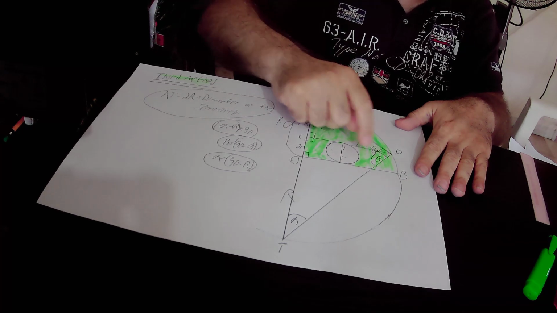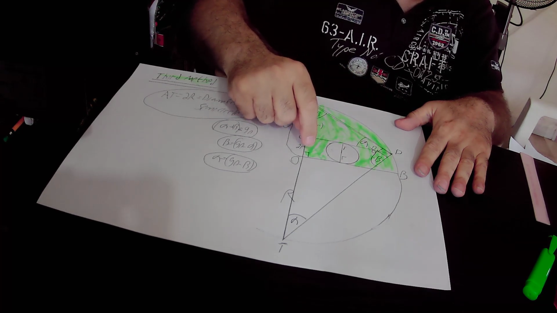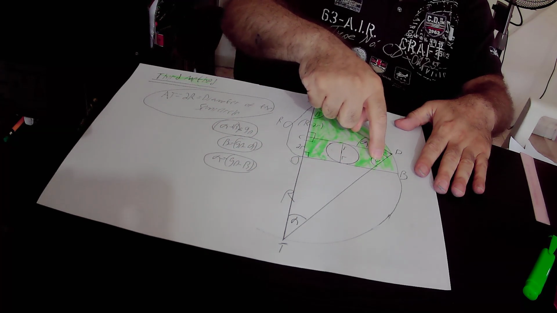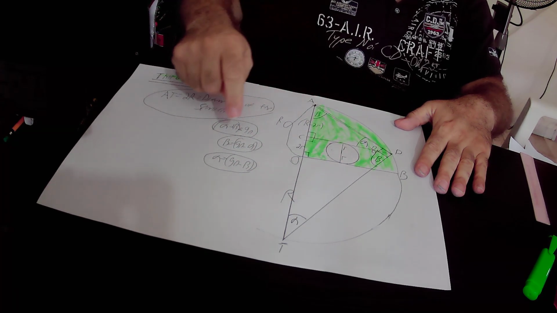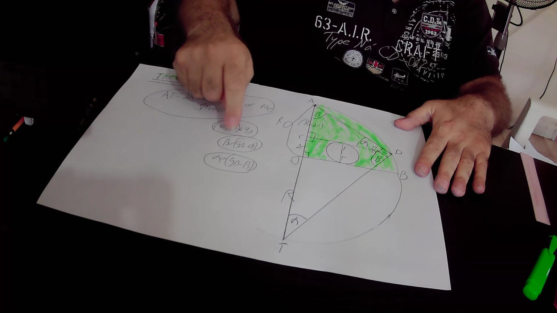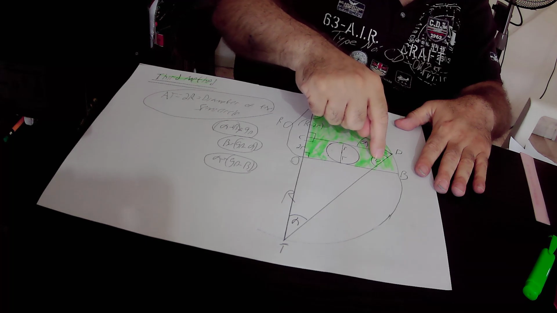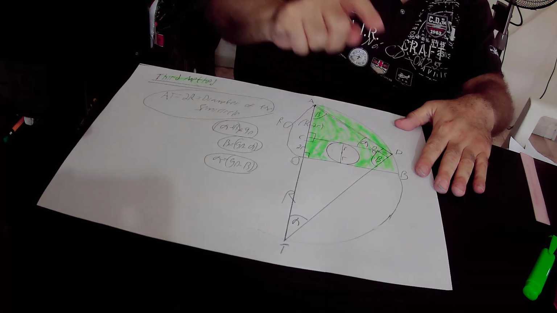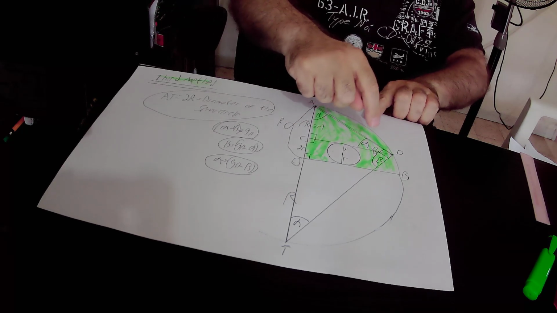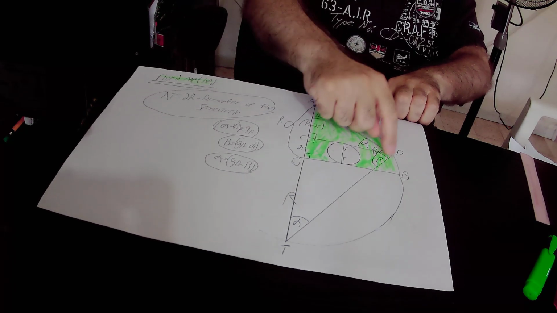This angle equals alpha, therefore this angle must be equal to 90 degrees minus alpha. But we have already found out that 90 degrees minus alpha equals beta, so we substitute 90 degrees minus alpha here by beta. Then we proved that the right triangle ACD is similar to the right triangle CDT.